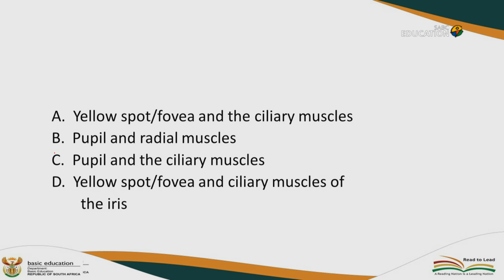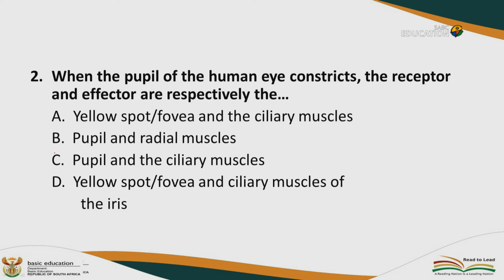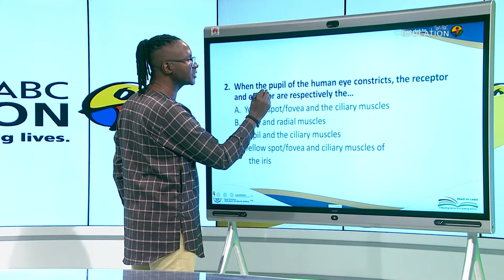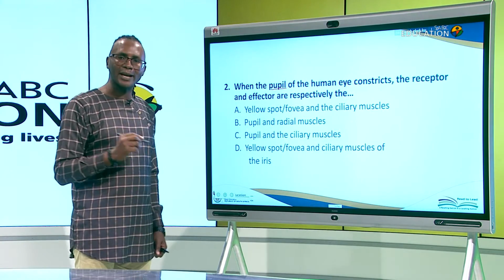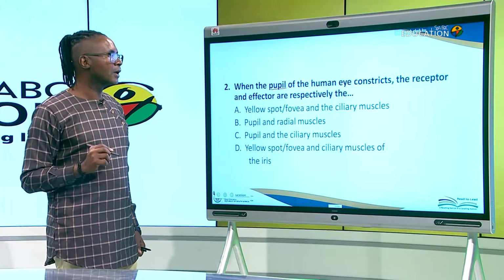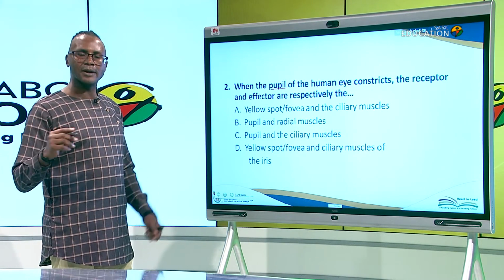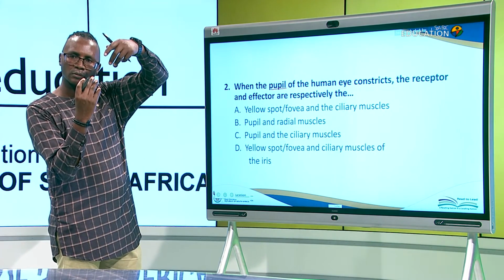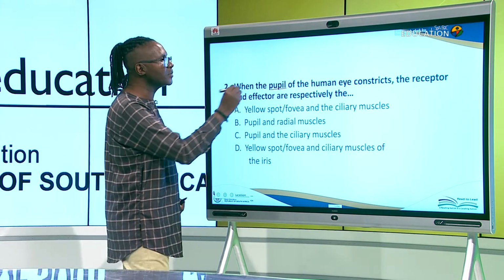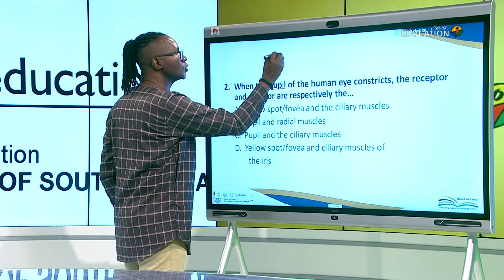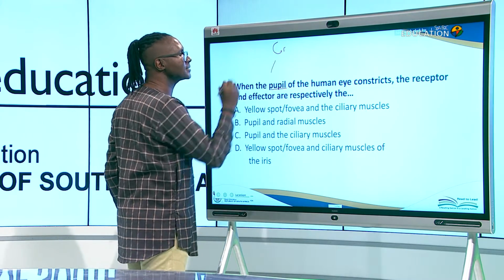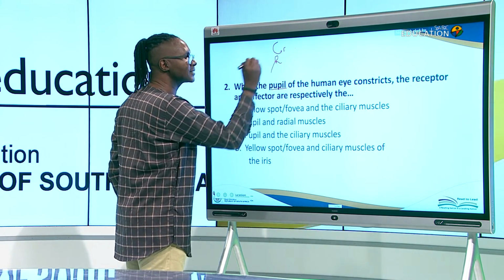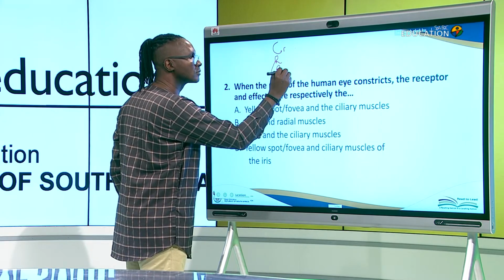Right? The second question. When the pupil of the human eye, you see now, is not accommodation, the pupil. So we're talking about what? The pupillary mechanism. And when you talk about the pupillary mechanism, remember we're talking about the iris and the pupil, right? We're talking about the iris, that means the circular muscles and the radial muscles and the pupil.